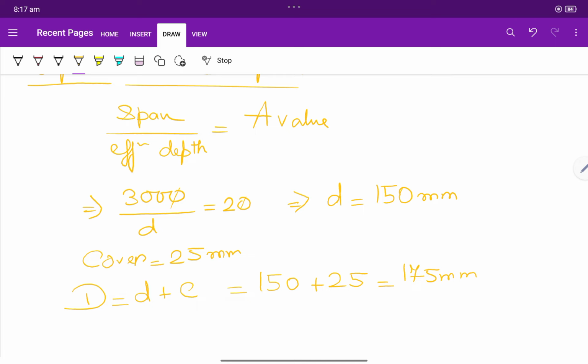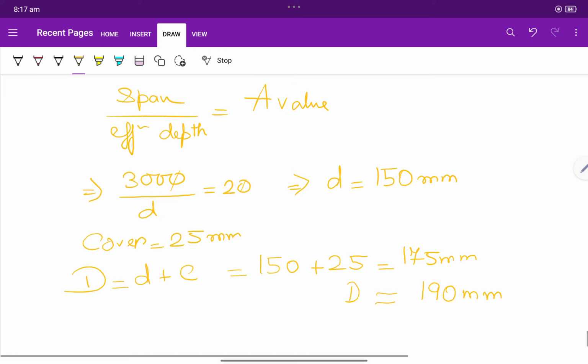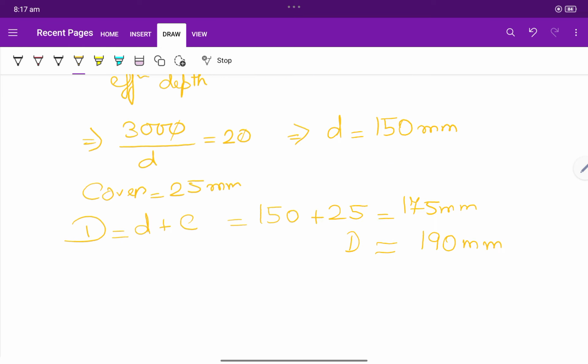For the ease of the calculation, we are not taking it as 175, we are taking the capital D as 190 mm. As we have changed the capital D, the small d again will be 190 minus the cover, so it will be 165.